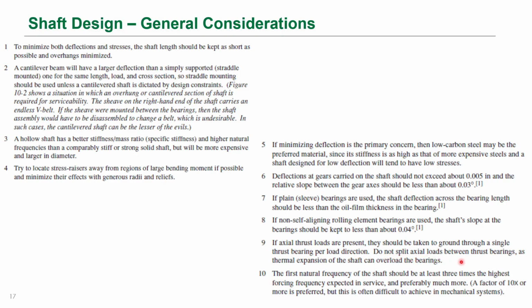Don't split axial loads between thrust bearings, because thermal expansion of the shaft can cause high residual stresses. So you don't want to have thrust bearings on either side where you have a design where the shaft cannot thermally expand.